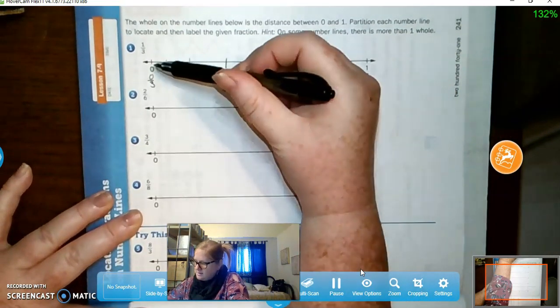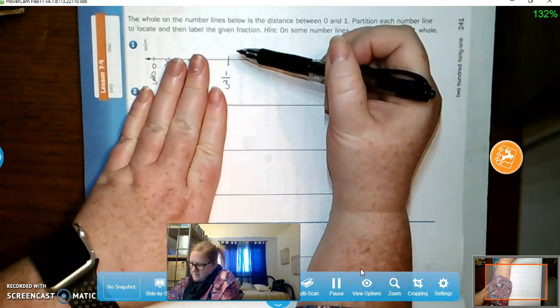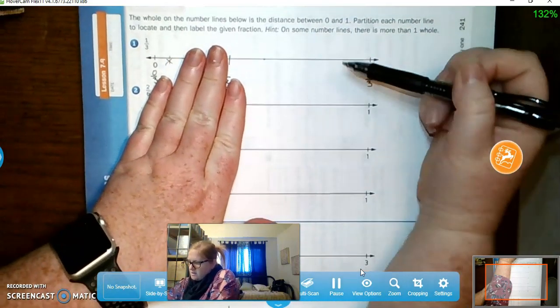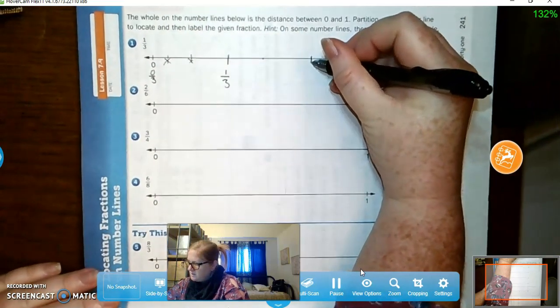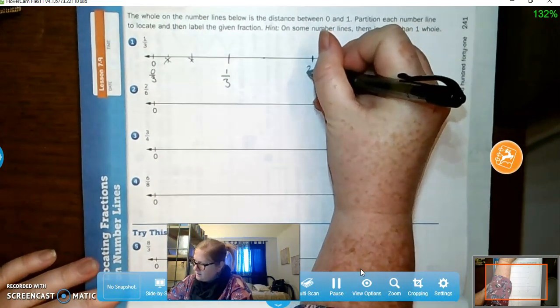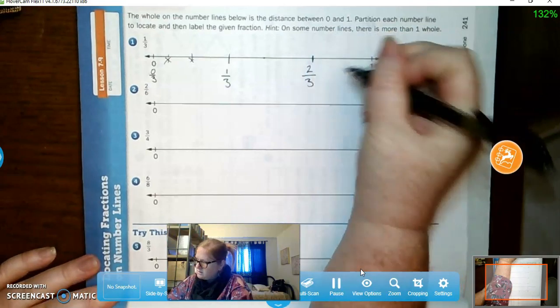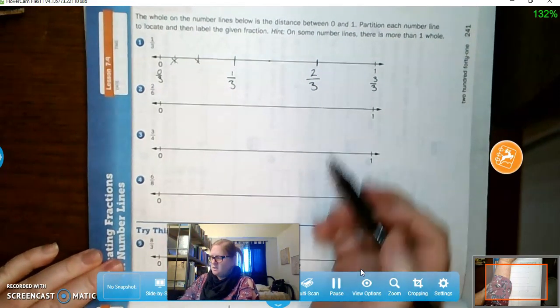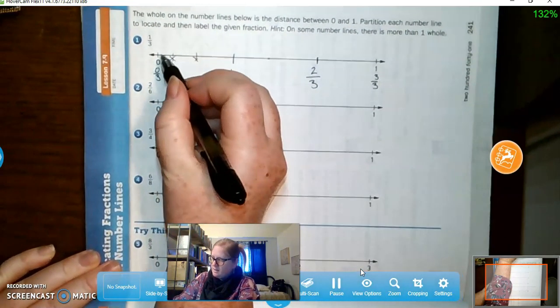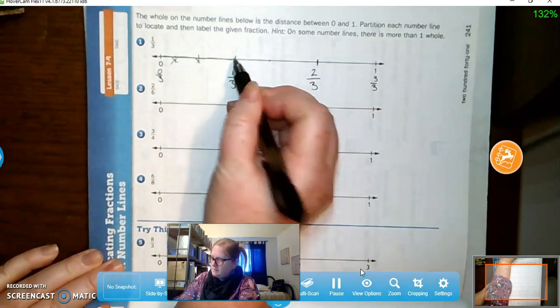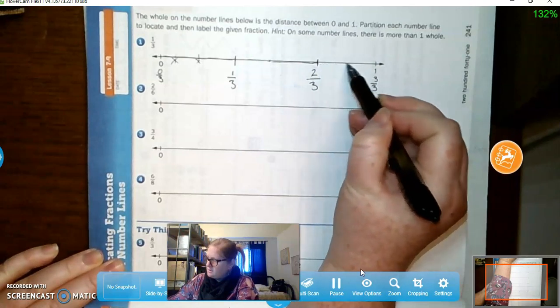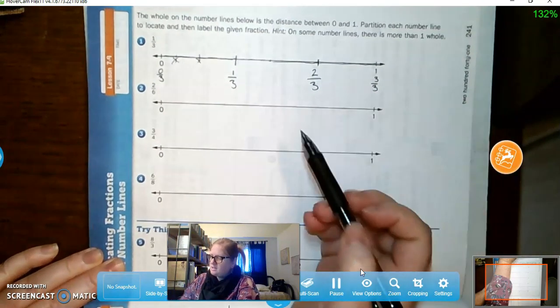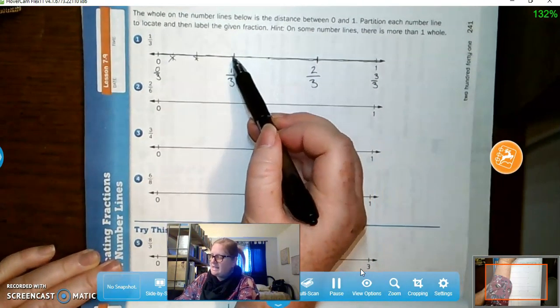And then, so that's about this many distance, maybe about like 3 fingers. I'm going to do another 3 fingers, and that should be about here, 2/3, okay? So this seems pretty equal to me. I've got 0 to 1 like that, 1 to 2 like that, and 2 to 3 like that. Okay, so that's how you partition equally.